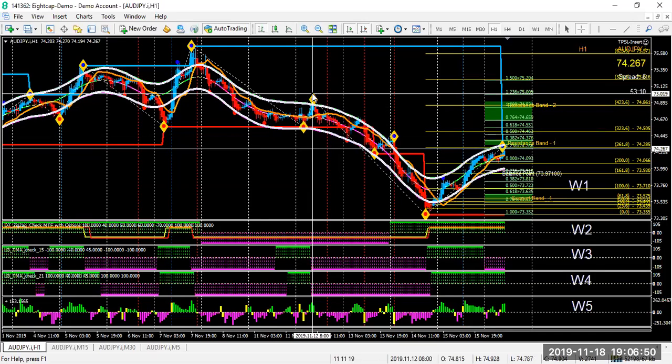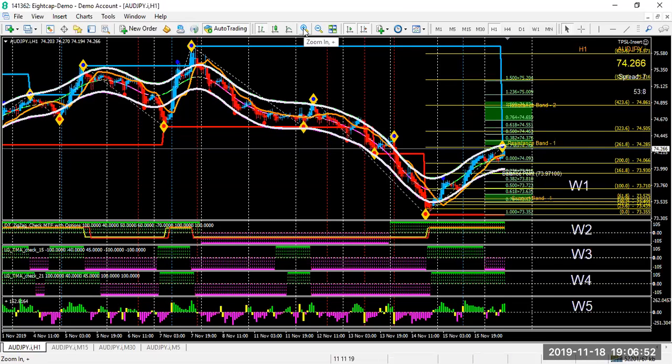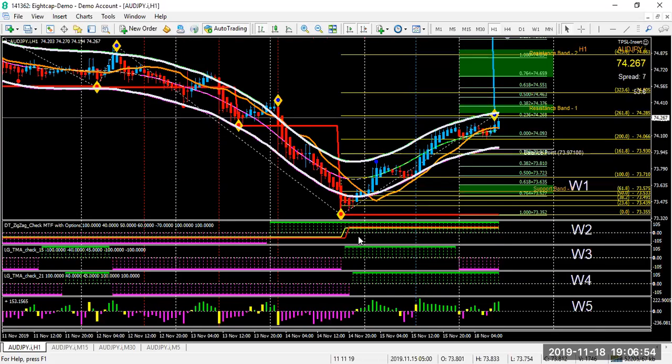For much the same logic, window 2 is in the other time frames. Over here, this is representing a daily candle.